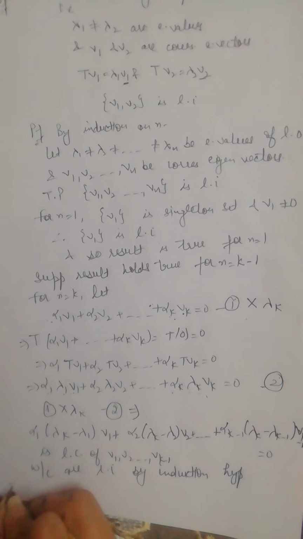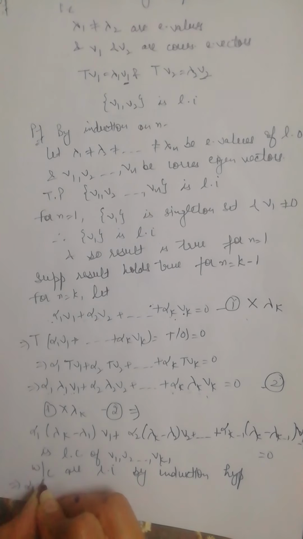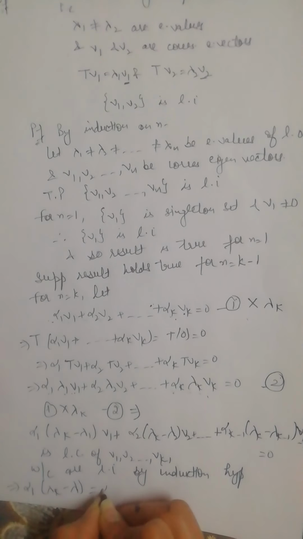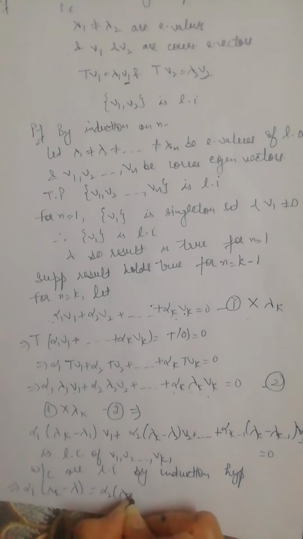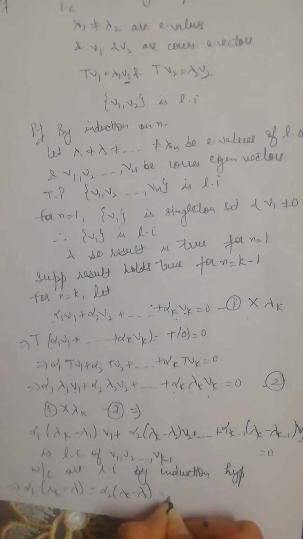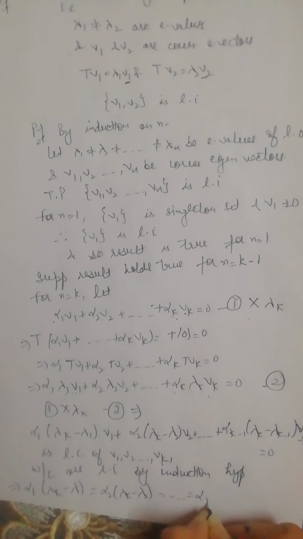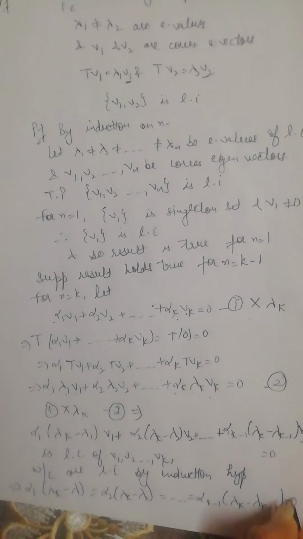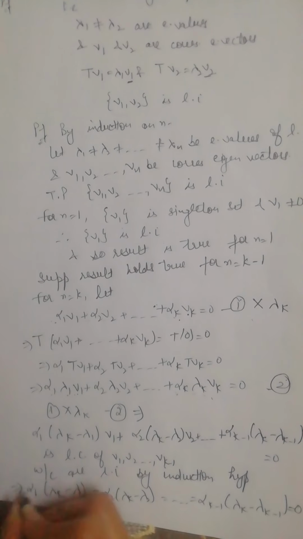That means all the coefficients alpha 1 (lambda k minus lambda 1), alpha 2 (lambda k minus lambda 2), up to alpha k minus 1 (lambda k minus lambda k minus 1) are equal to 0.